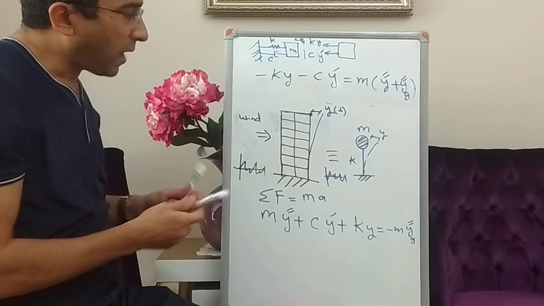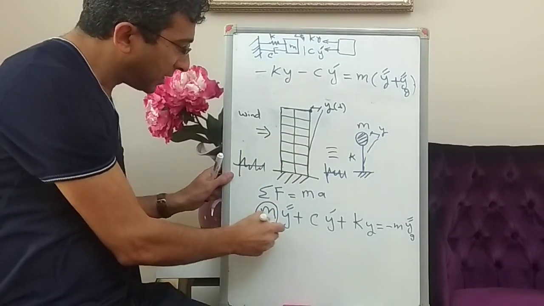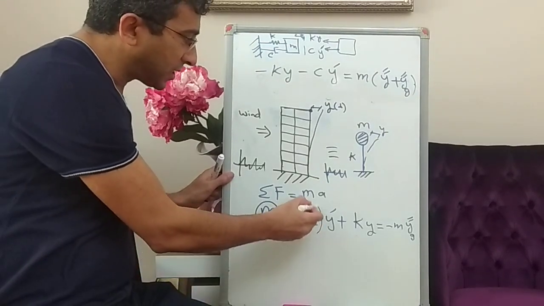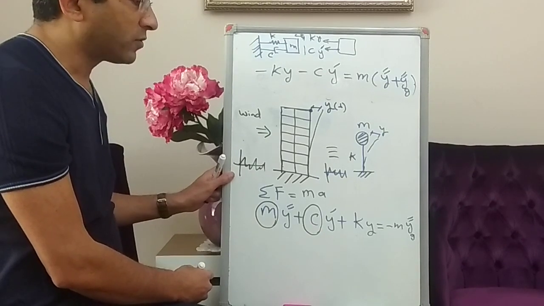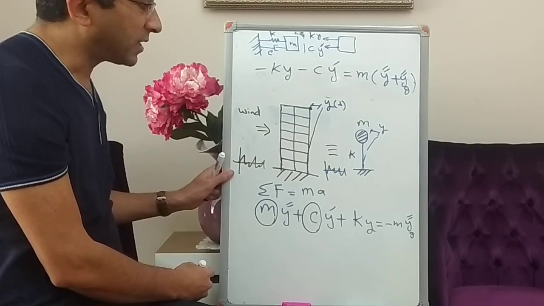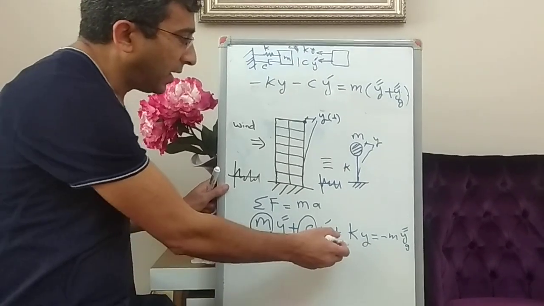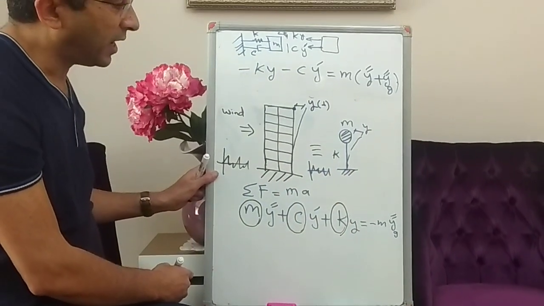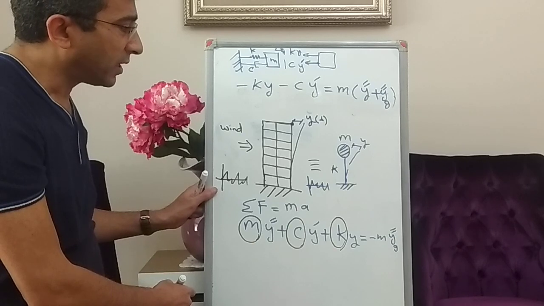So from here, my y is the top displacement, and my mass is a constant number. I know the mass of the structure, and this is the damping of the structure, and usually we use a constant value for this, 5% damping for a concrete structure. And this is the stiffness of the columns and also the beams. It is also a constant number.